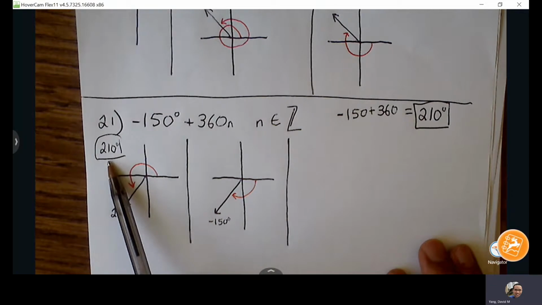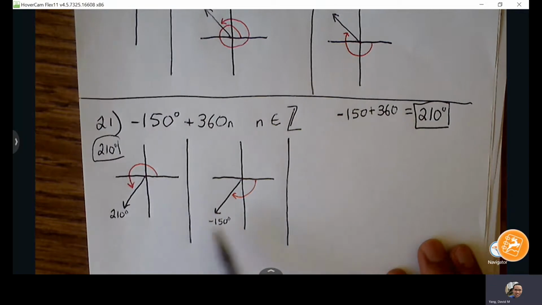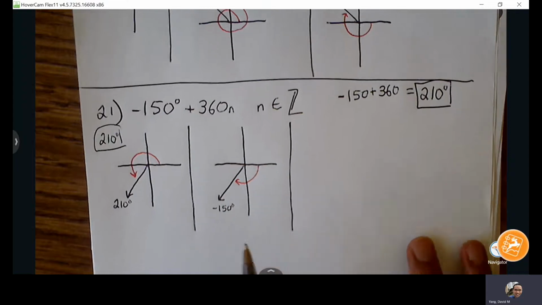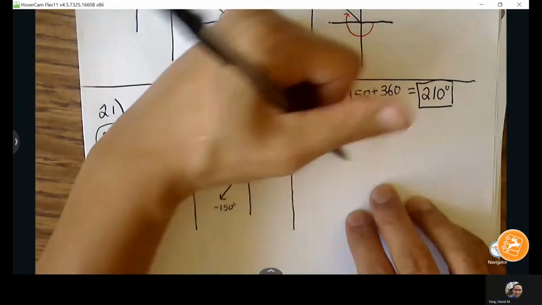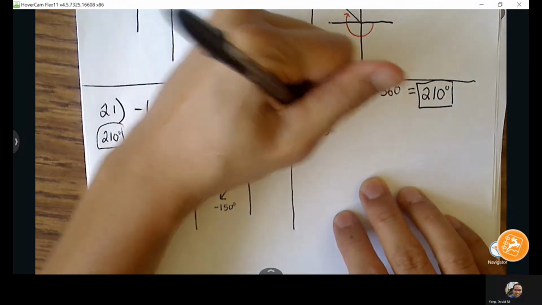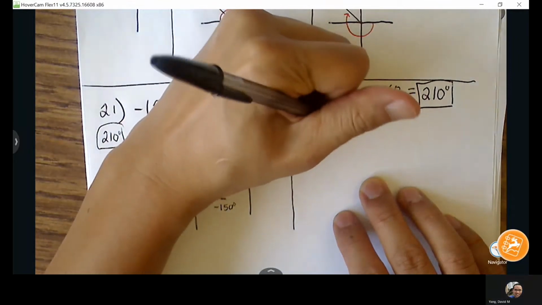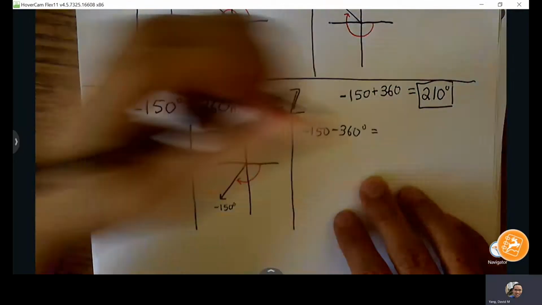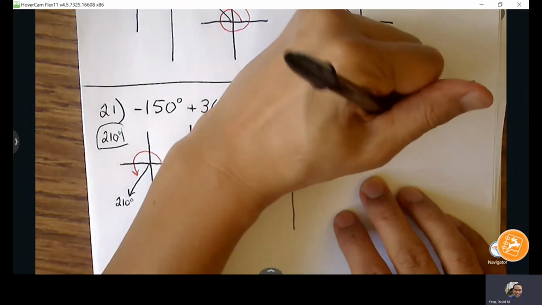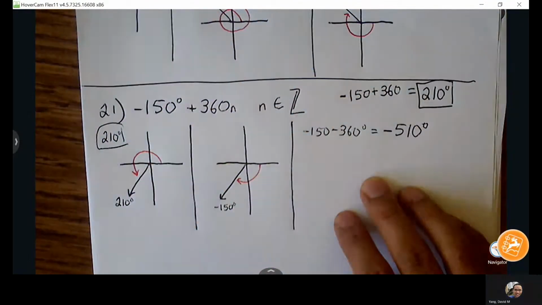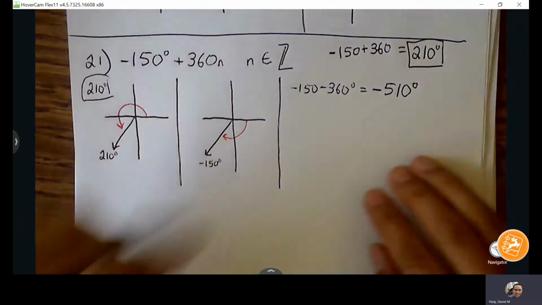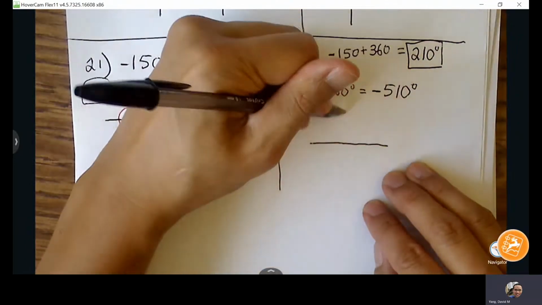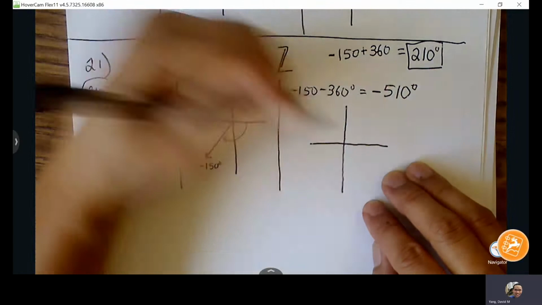So we have a positive coterminal. Let's create a negative coterminal. So I can subtract 360 from negative 150, and I get negative 510. Okay, we know where that terminal side is going to be.